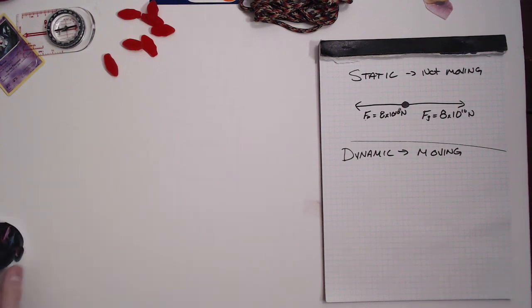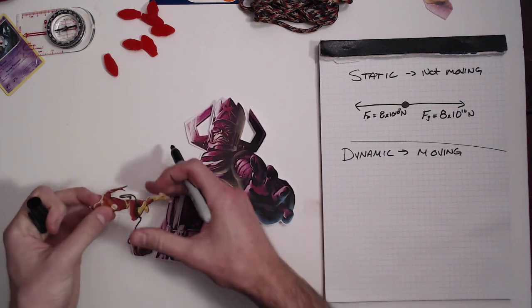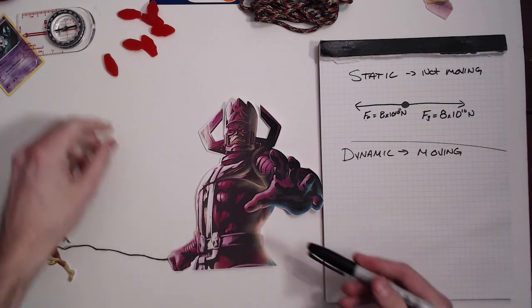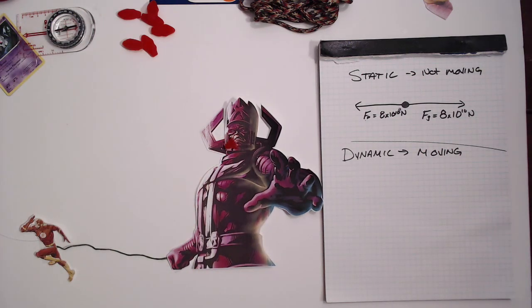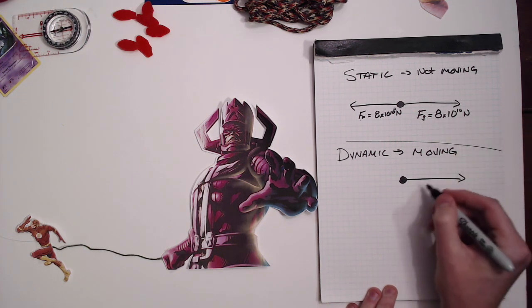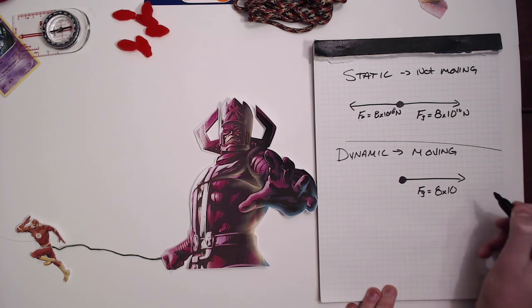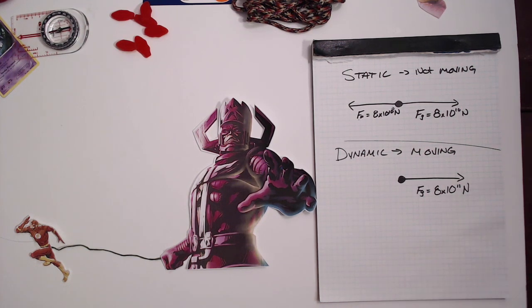So, let's say Galactus eats a planet like he eats an apple, okay? Well, in this case, let's have him eat a Swedish fish. So, as a result of Galactus eating a planet, let's say now he's able to exert a force of 8 times 10 to the 11th newtons.